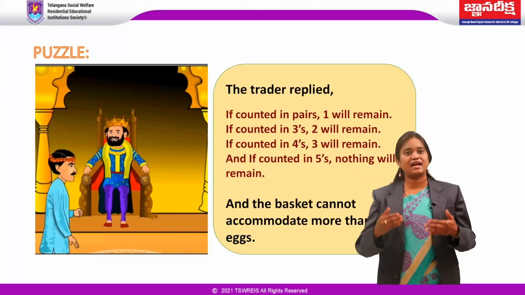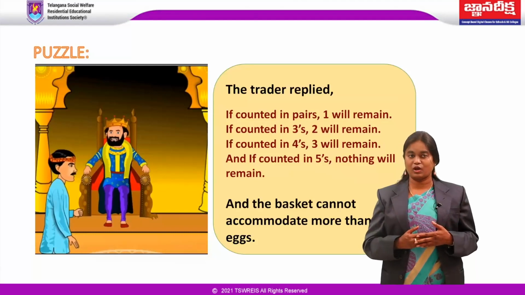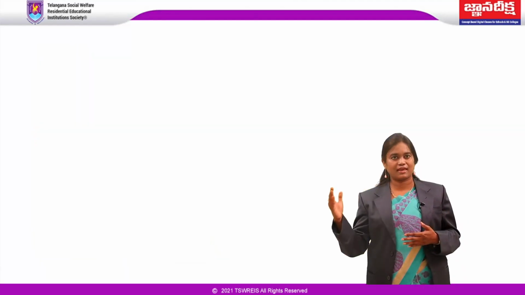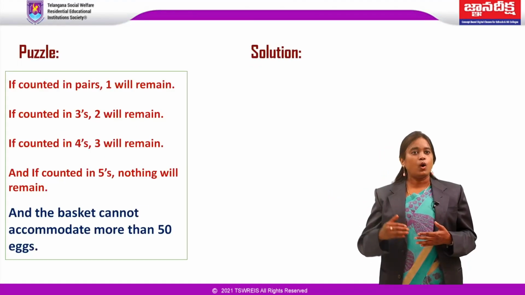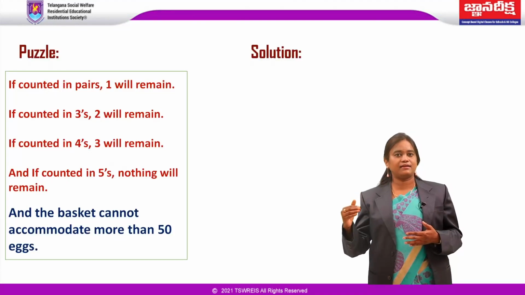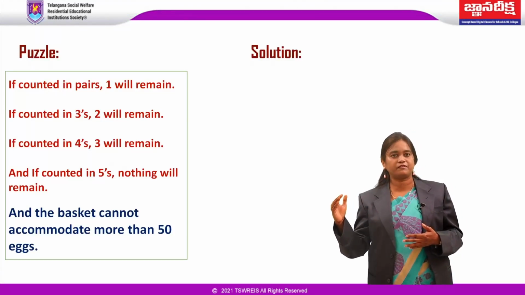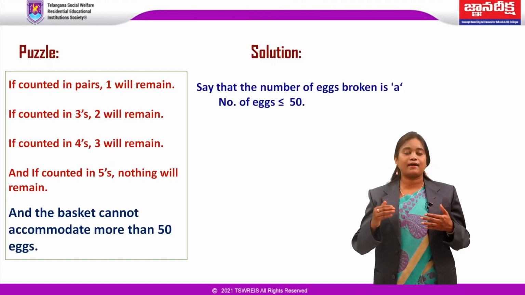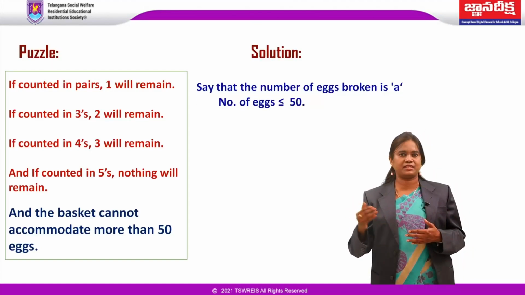Let us understand what the trader said. Say that the number of eggs is A. Then, working backwards, we see that A is less than or equal to 50, because the basket cannot accommodate more than 50 eggs.